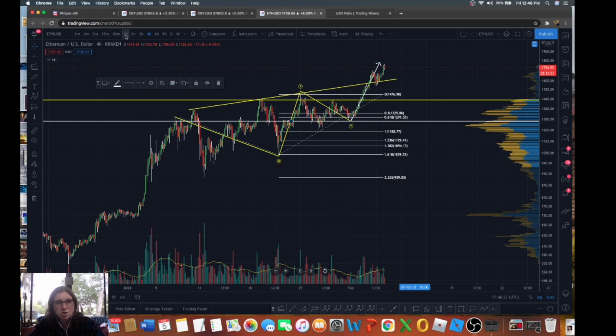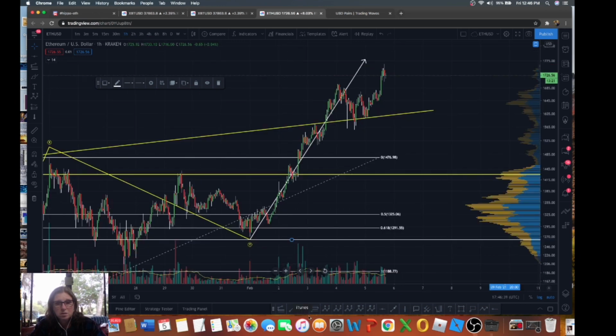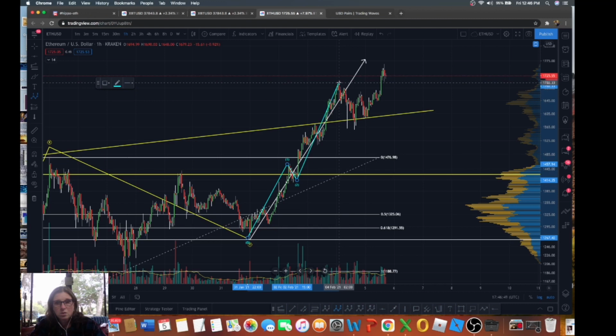So if we're going to call this the start of something new, and this is a 1, 2, 3, 4, 5, 1, 2, 3, this is probably making 4, and 5 on up, which would be our wave 1.